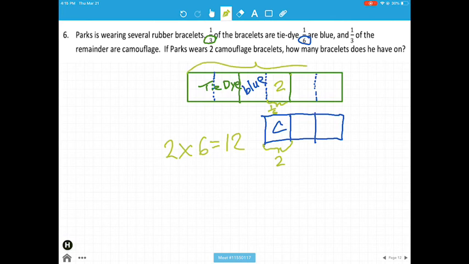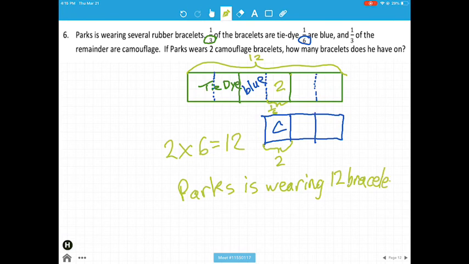So there are actually 12 bracelets. I'm not writing my sentences. Okay, so he's wearing 12 bracelets. So there's a 2 there, 2 here, 2 here, 2 here, 2 here, 2 here. So you get how we get times 6.